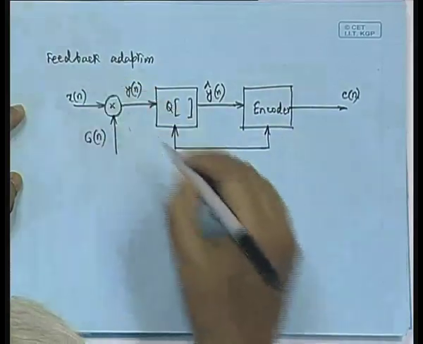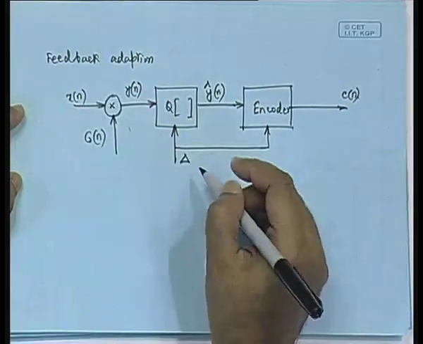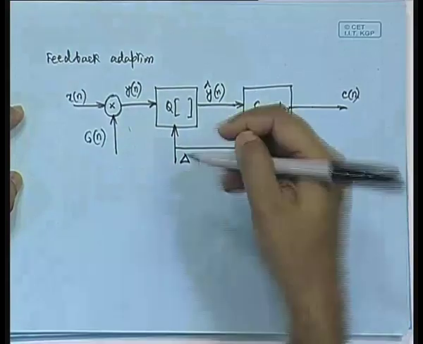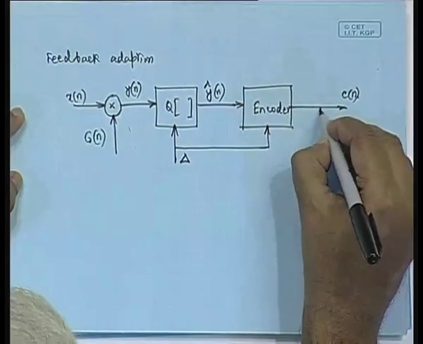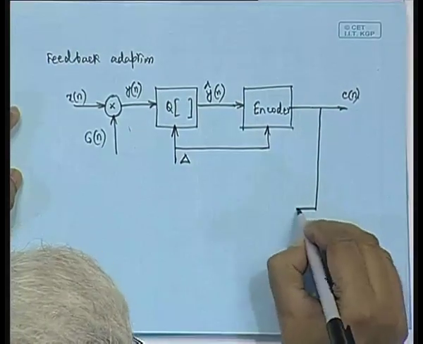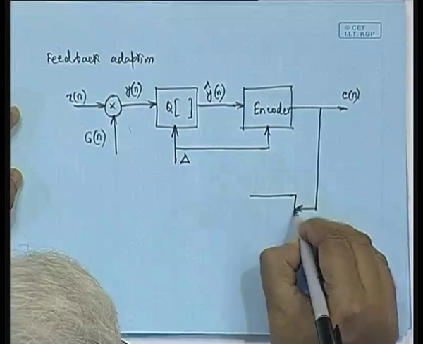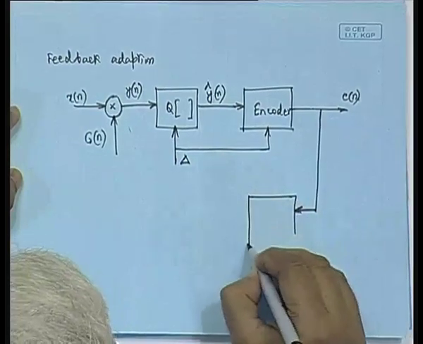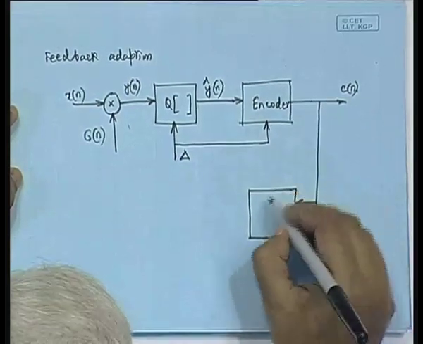Now, because it is a gain adaptation, the step size delta will be constant, and we have to take this output from C of n. So, based on the output code word, the gain adaptation system block will operate.